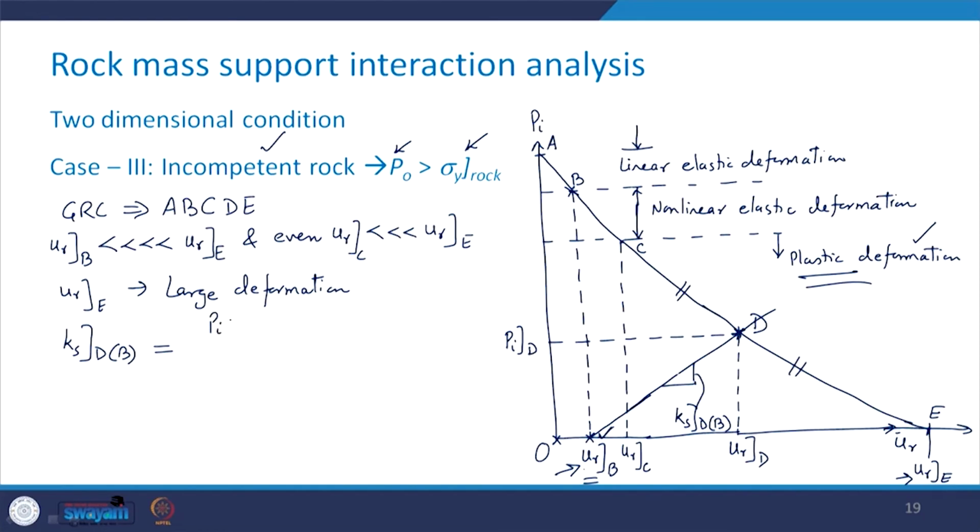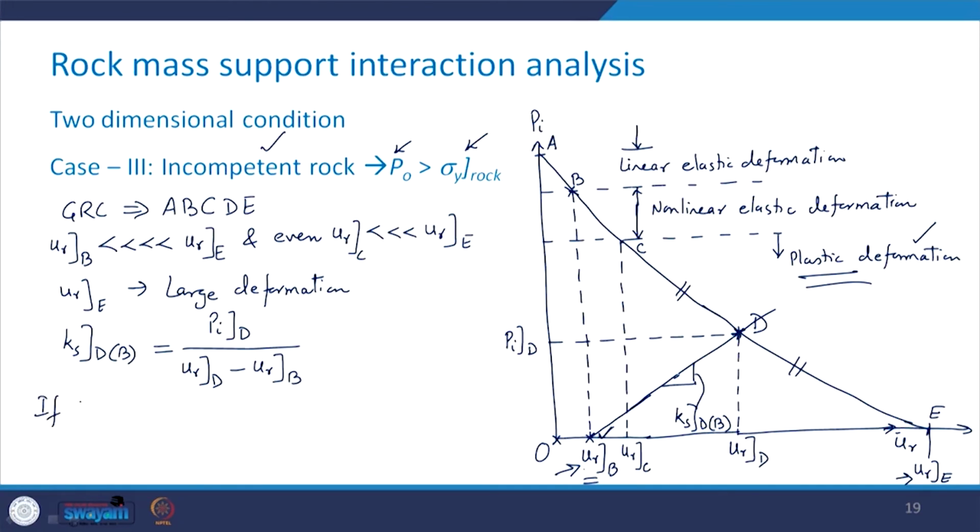So, this Pi at D, this will be divided by whatever is the deformation corresponding to this D minus UR at B. So, this is what is going to define the stiffness for this support system.